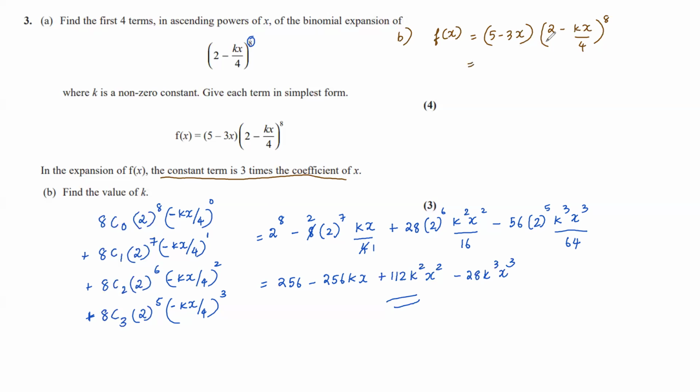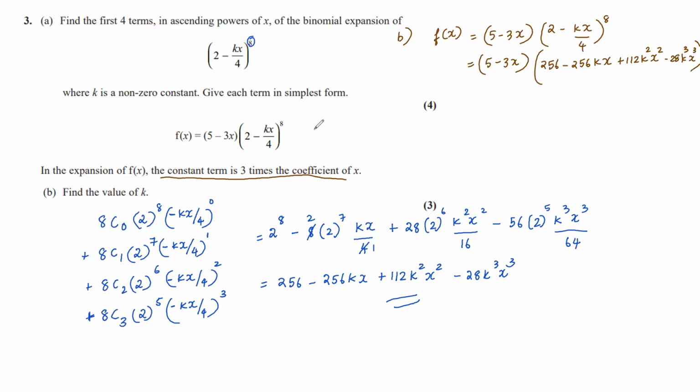Now, already in the first part, we have expanded this binomial expansion. We already have the answer. So 5 minus 3x into 256 minus 256kx plus 112k square x square minus 28k cube x cube.